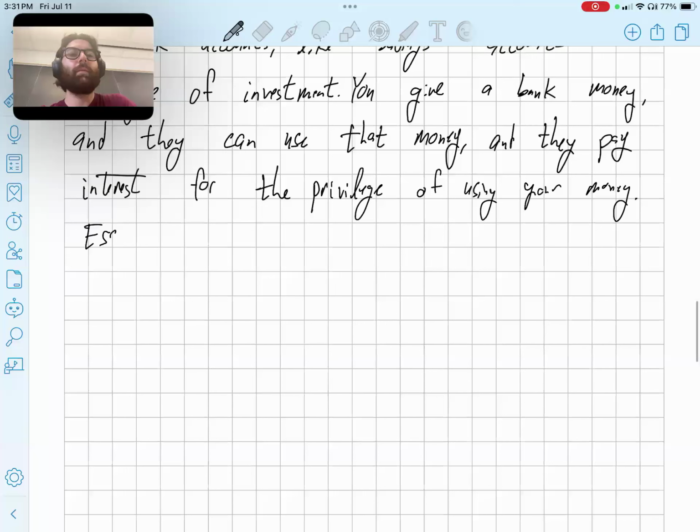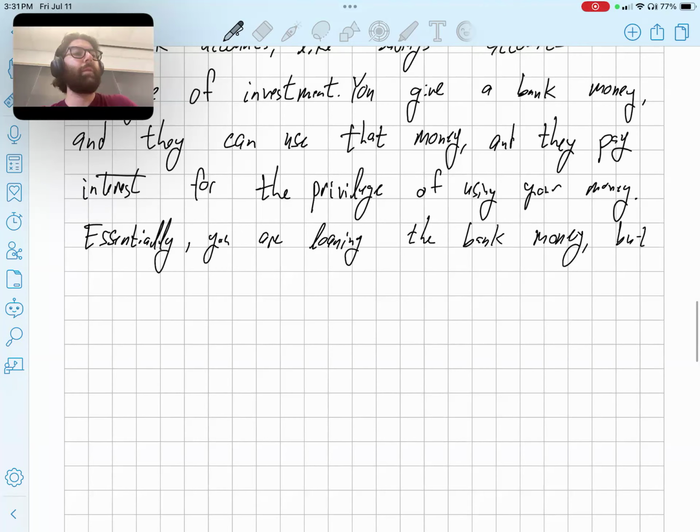Essentially, you are loaning the bank money, but there's no fixed term length. You can keep it there as long as you want.